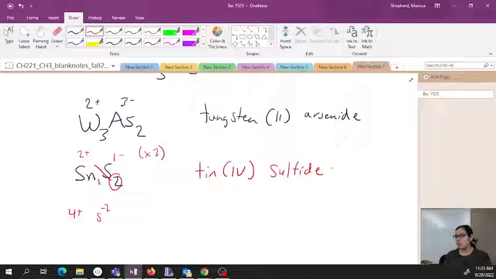HF doesn't completely dissociate. But if you mean strong in the sense of will hurt you, then yes. HF will mess you up, so you definitely don't want to get HF on you. You get hydroiodic acid, hydrobromic, hydrochloric. Yeah.